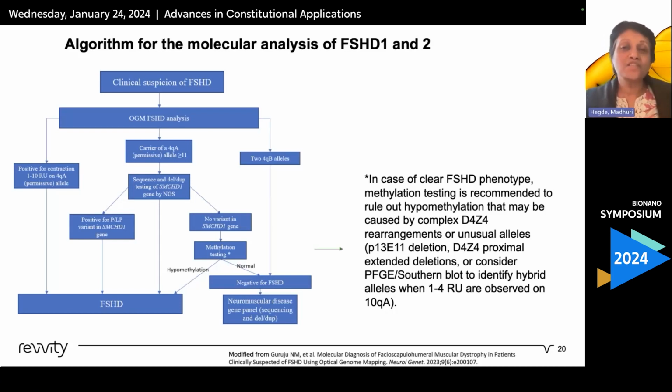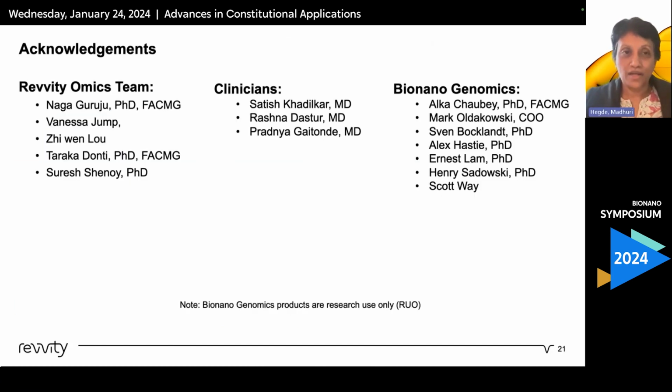In cases of clear FSHD phenotype, methylation testing can also be recommended to rule out hypomethylation that may be caused due to complex D4Z4 alleles, such as rearrangements, unusual alleles. So we have this well established in our laboratory, and this algorithm has been published in our manuscript in Neurology Genetics.